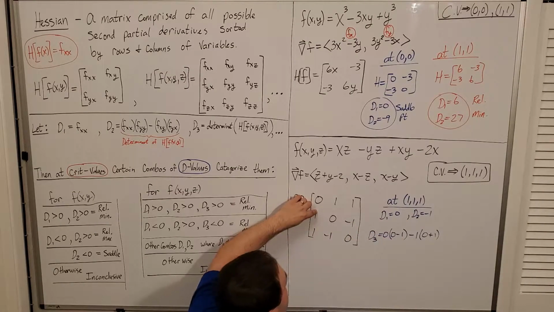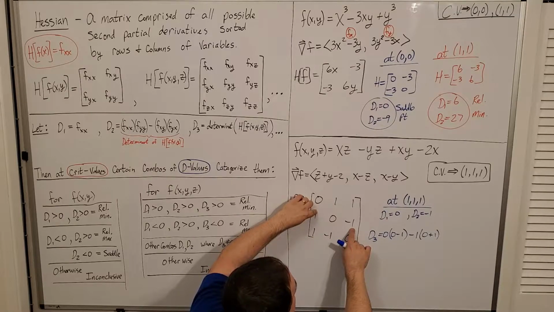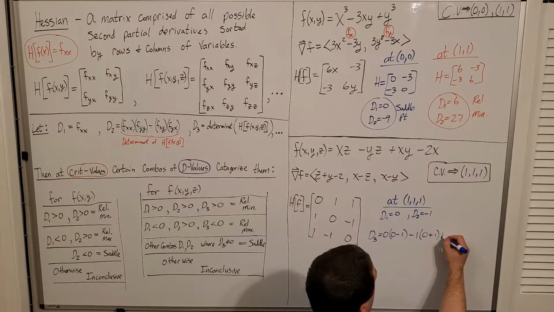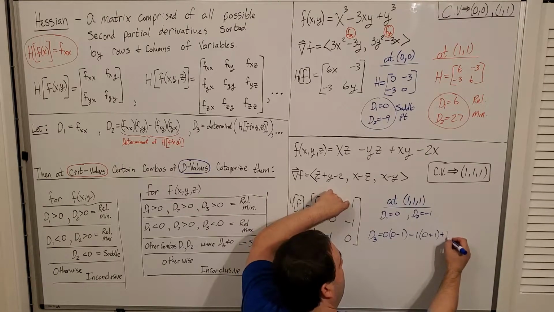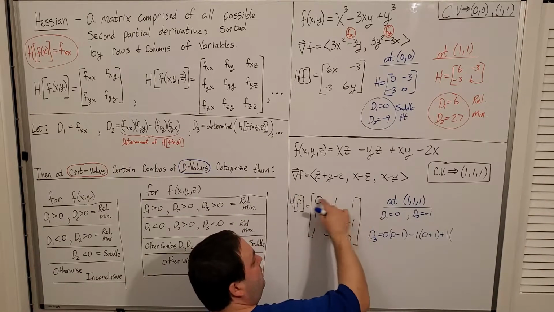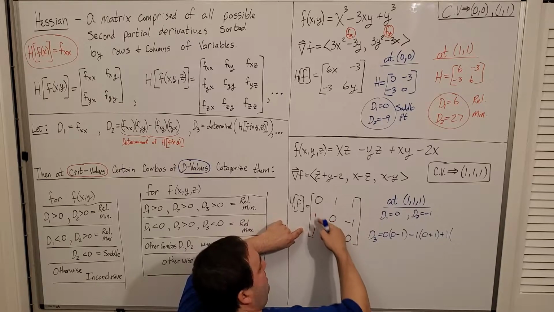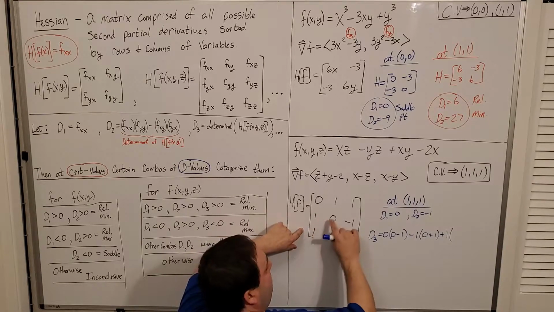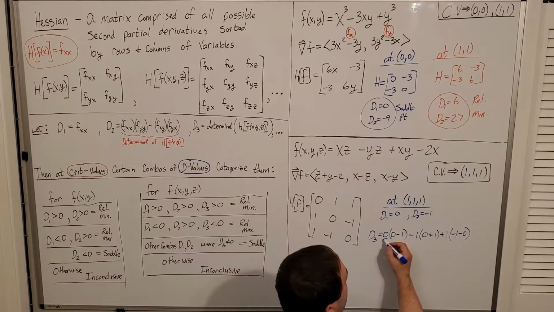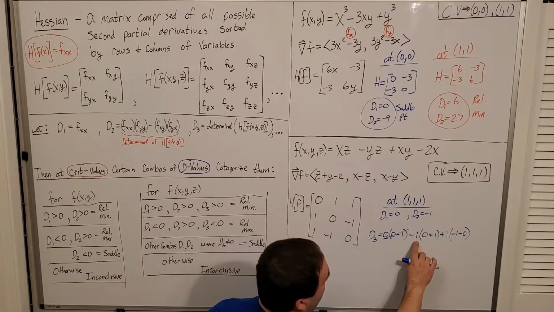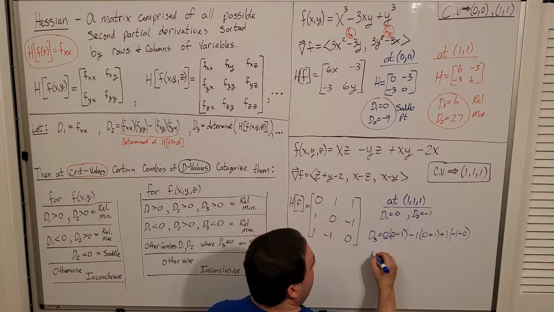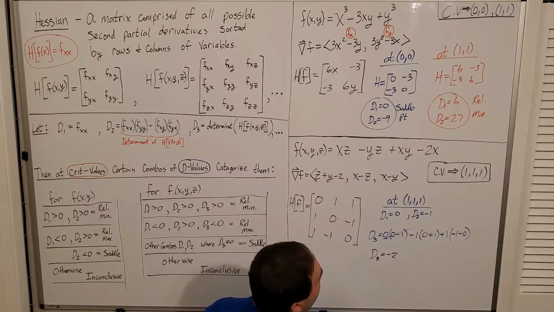So plus 1, because it would be this 1 times that negative 1. And then last one would be plus the one element here times the determinant of this little piece here, because I'm blocking out this row and column, that's going to be -1 minus 0. Okay, so this is 0 and it's gone. This is going to be -1. This is also going to be -1. So I'm getting that D3 in this case is -2.